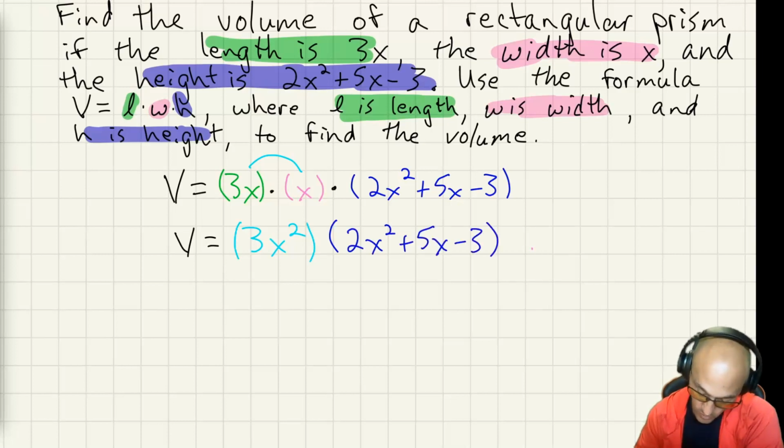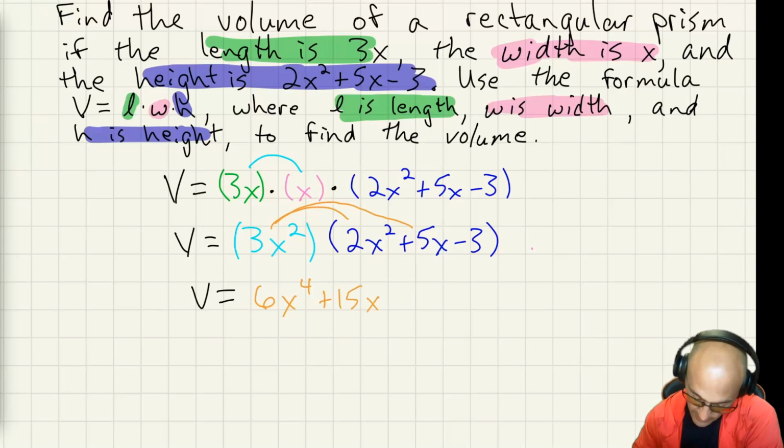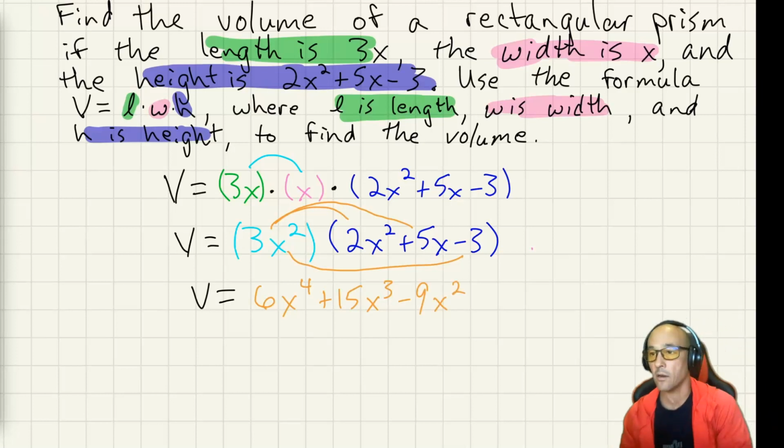Now we're going to distribute that 3x squared. 3x squared times 2x squared is 6x to the fourth. 3x squared times positive 5x is positive 15x cubed. And 3x squared times negative 3 is negative 9x squared. And that is our answer.